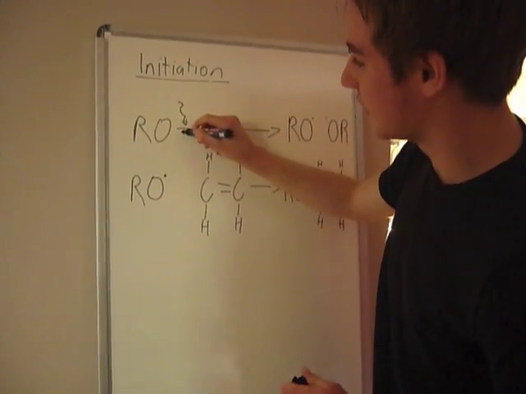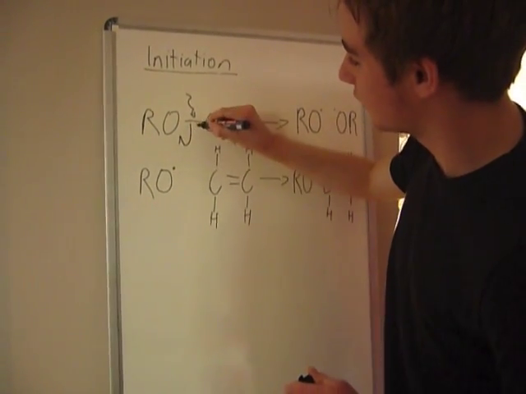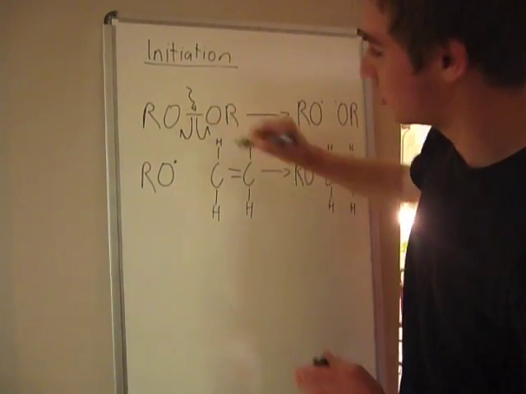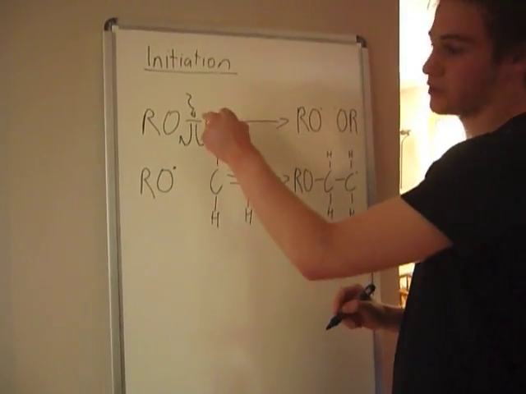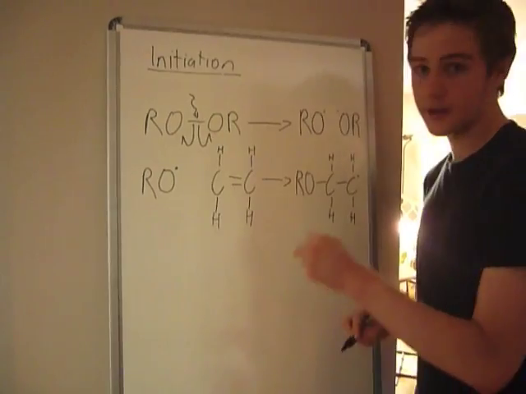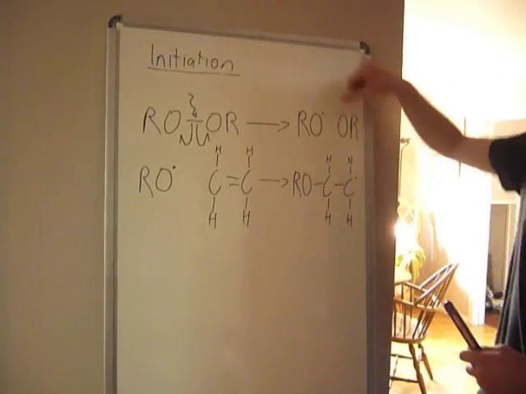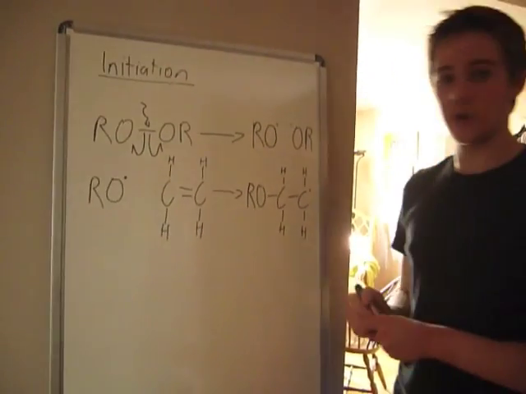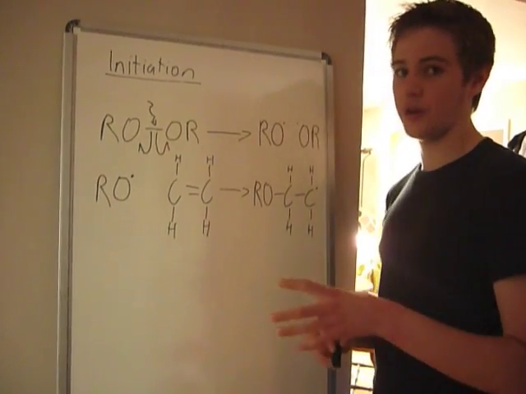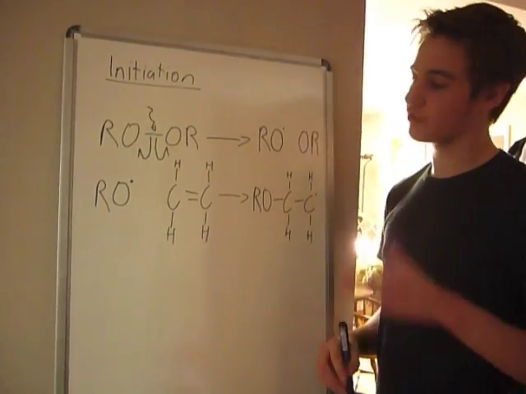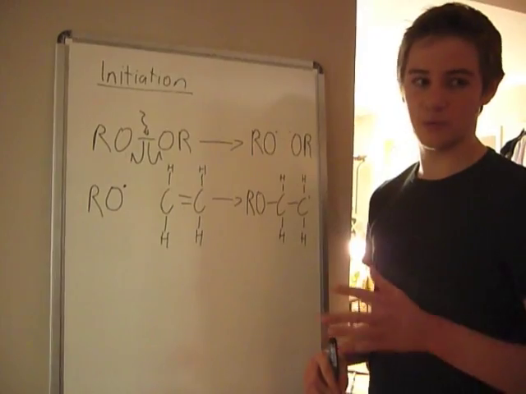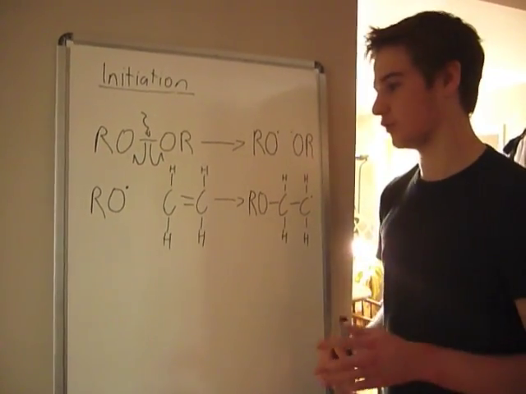In this instance, the electrons will be shared on either side of the molecule, which is shown by these fish-hooked arrows, which represents the movement of 1 electron. Now, this forms 2 molecules which have 1 lone electron. Now, these are called radicals, and radicals are very unstable molecules, very reactive molecules.